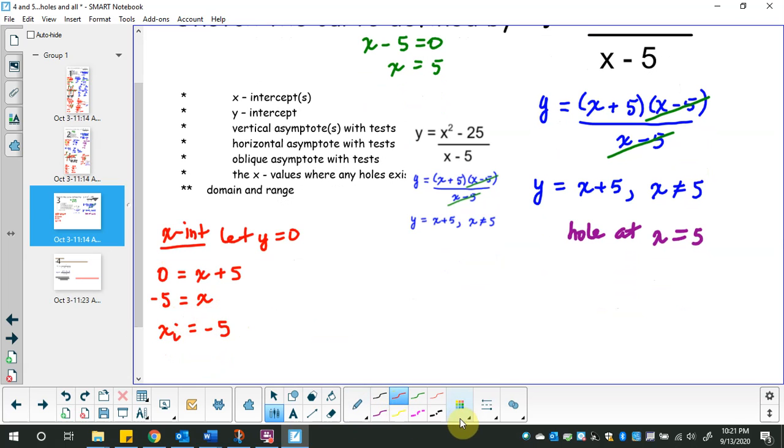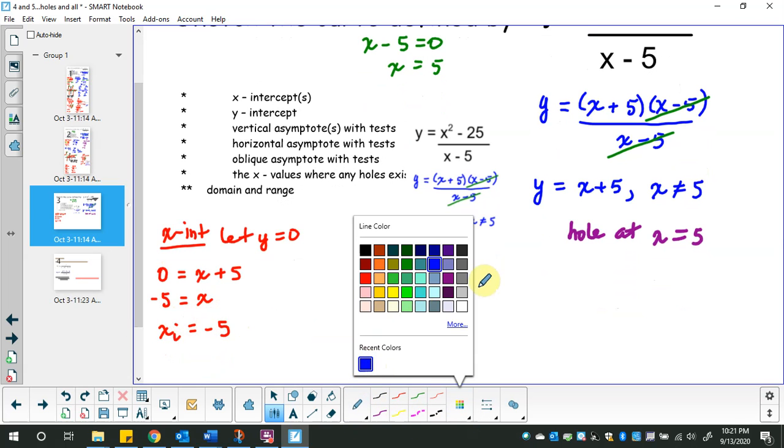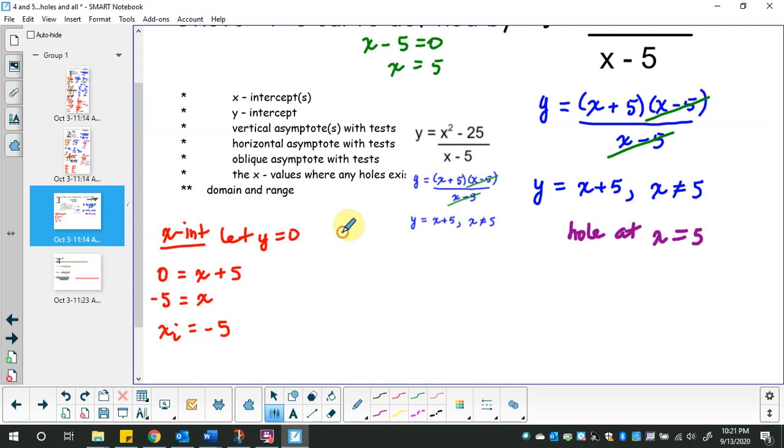Next, Y-intercept. Very popular tonight. My friends are up late. Y-intercept, I'm going to use this. 0 plus 5. So the y-intercept is 5.